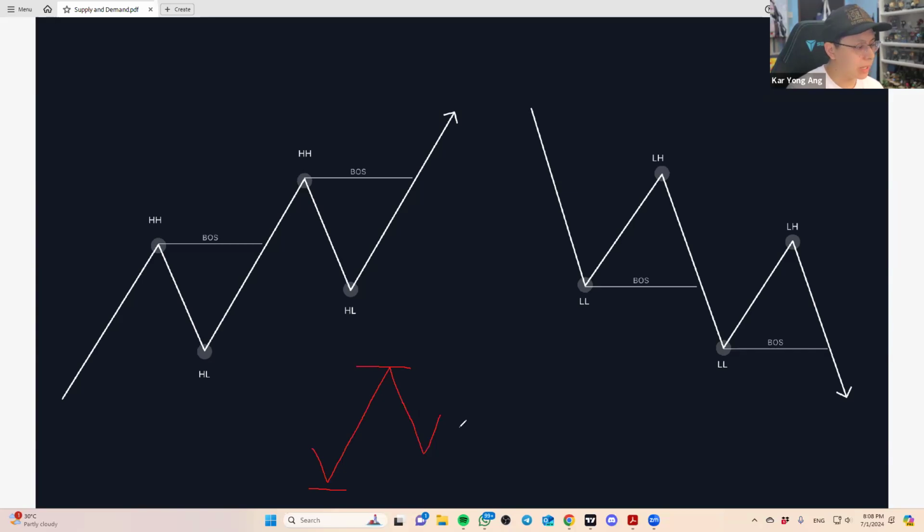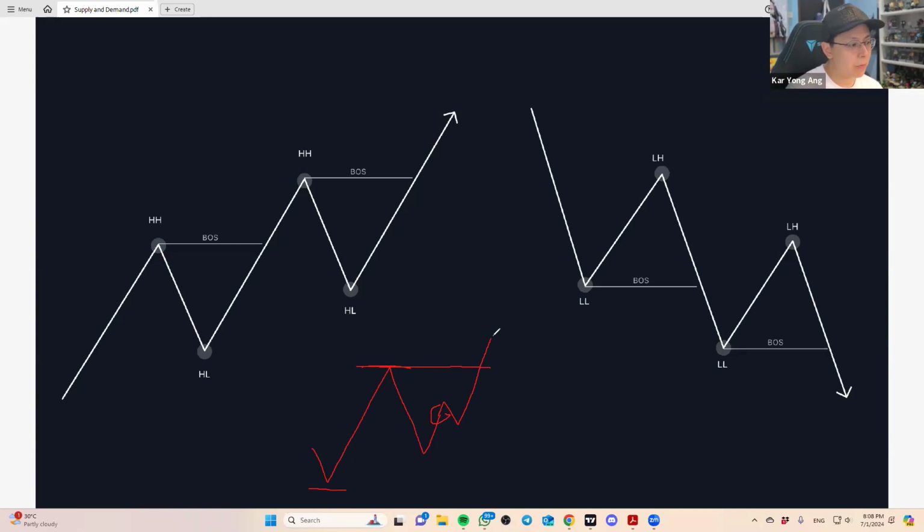If I backtrack a little bit, at this point the market can easily continue to go lower and never break this high. So we need to be very clear: at this stage, we do not have a higher high, higher low, and therefore we can't say we're in a bullish market structure. The market needs to go higher, break and close above this high, before we can conclude that this is a bullish market structure.